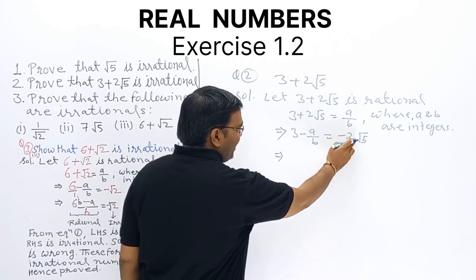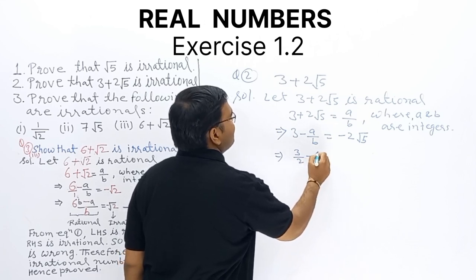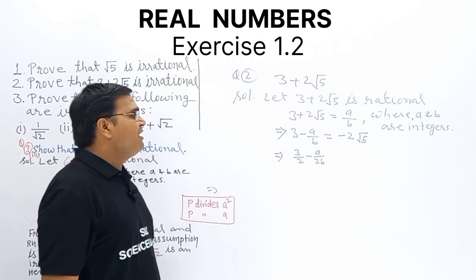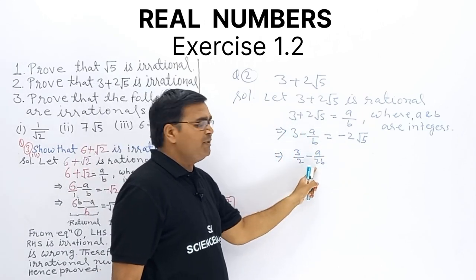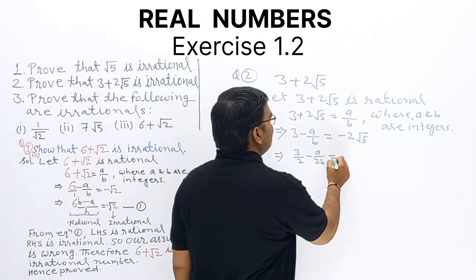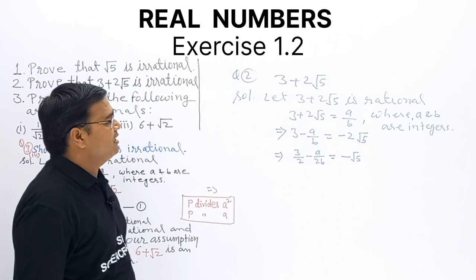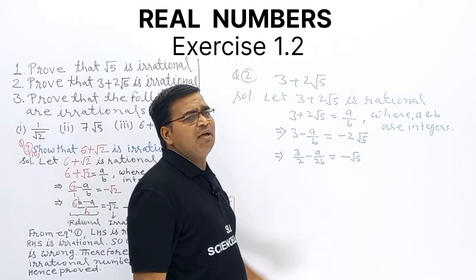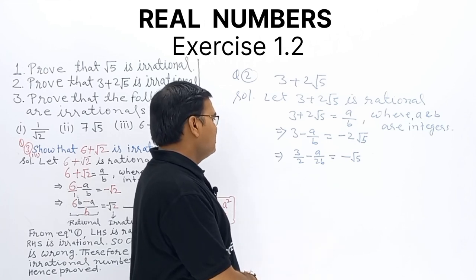Once we divide this equation by 2, what are we getting? 3 by 2 minus a upon 2b, and this will be equal to minus root 5. Another way, we can take the LCM and solve this one also, but it is not necessary.